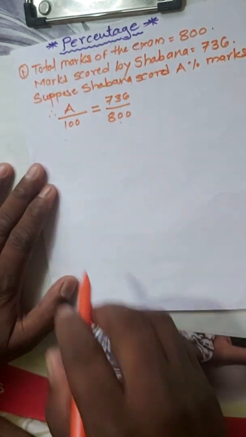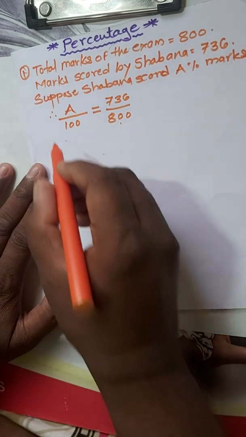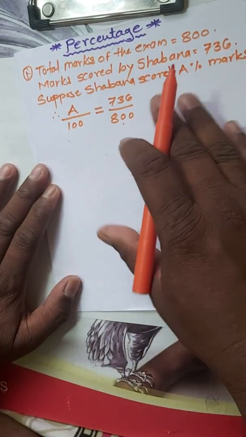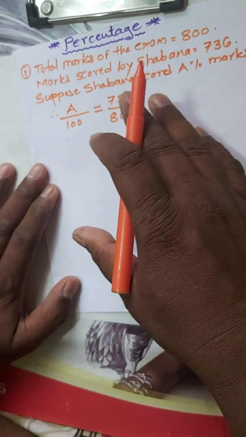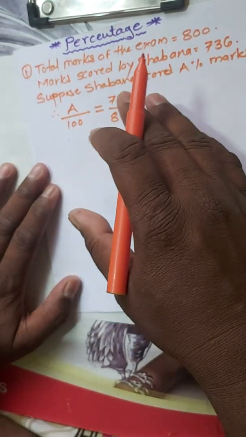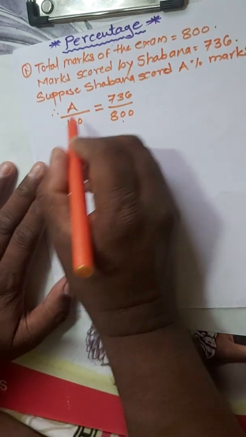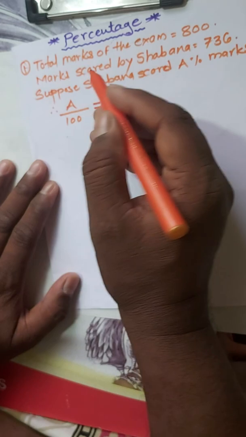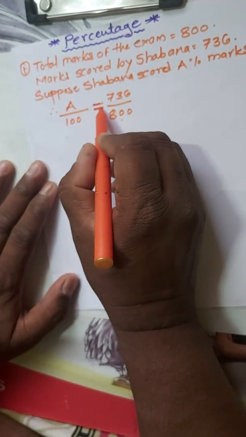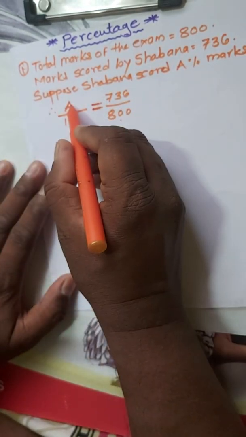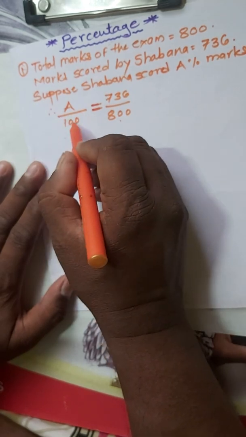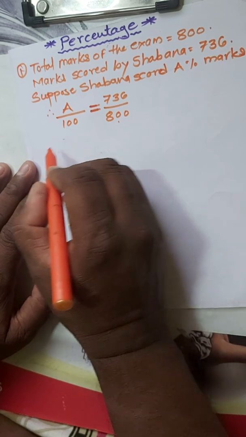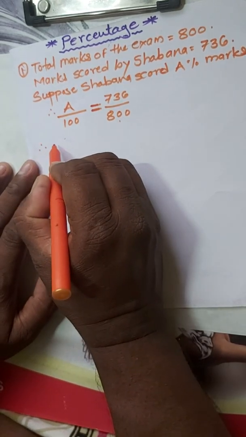Now we have to solve this. Now here, students, how do we solve? I will explain how to solve in this example, but in the next example we will go directly to the next step. Just look here. In the previous chapter we learned that if we have to find the value of a variable, then division means opposite multiply. So we multiply 100 on both sides, and then we get the solution.